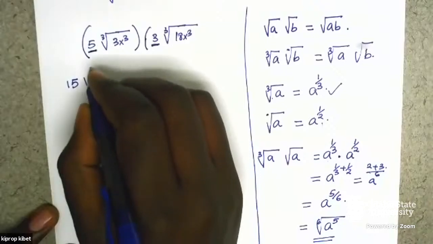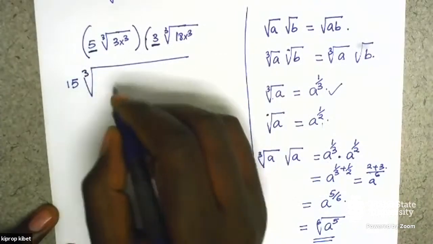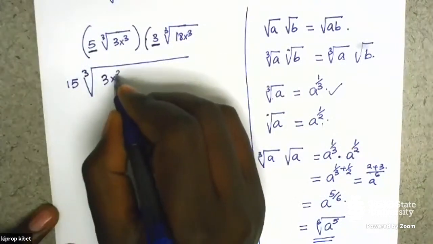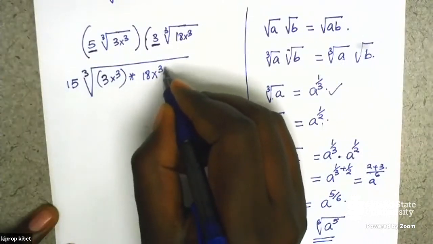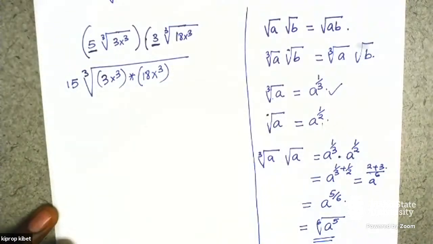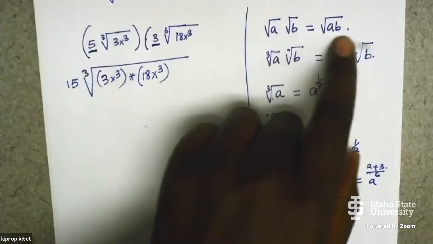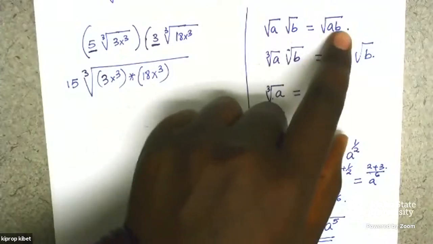And then all of it, the cube root of x cubed multiplied by 18x, since it is similar to this one.